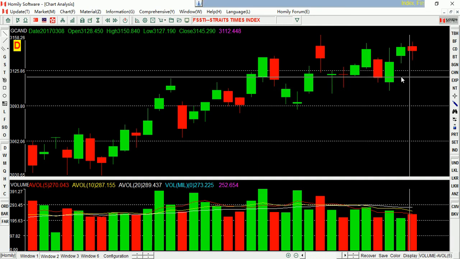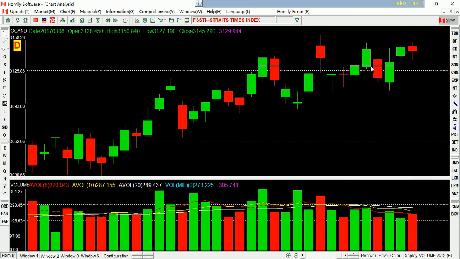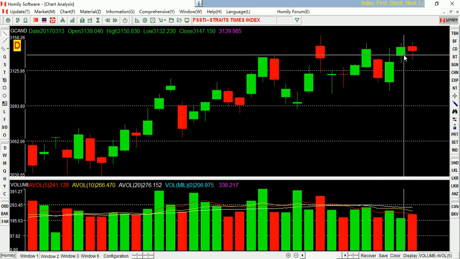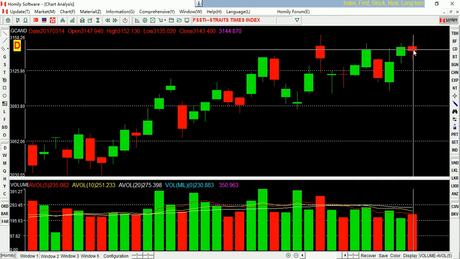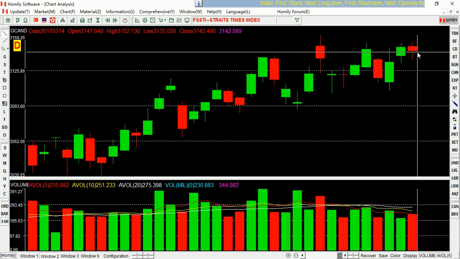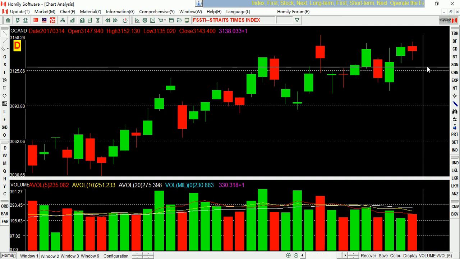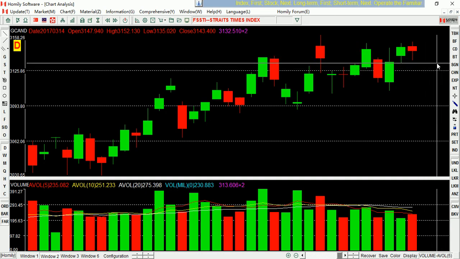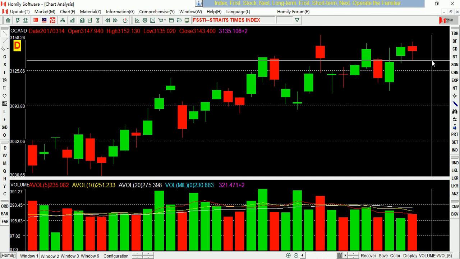So we can see here 2 bullish candlestick, 1 bearish candlestick, 2 bullish one, and 1 bearish candlestick. So can you know the trend is uptrend or downtrend? Uptrend. For now, the trend is uptrend. But if you see tomorrow, the bearish candlestick, and another day bearish candlestick, what's the trend? The trend is short-term downtrend.